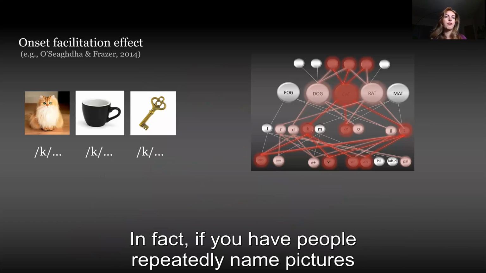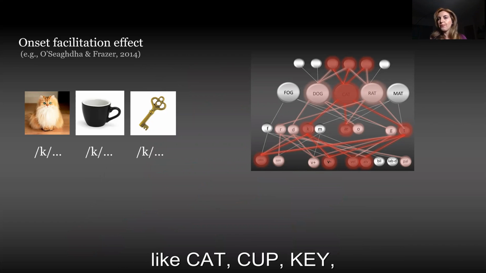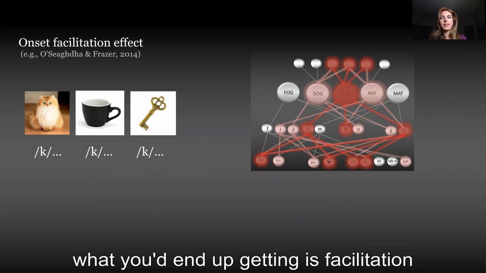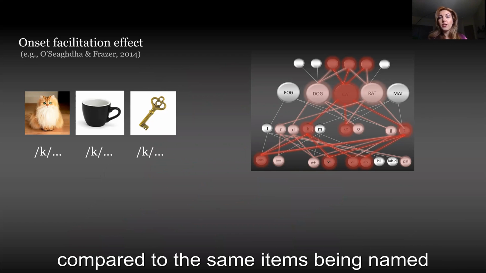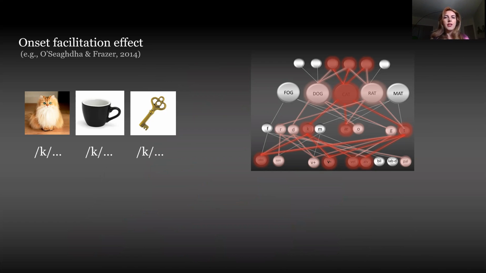In fact, if you have people repeatedly name pictures of items that share an onset like cat, cup, key, what you end up getting is facilitation compared to the same items being named in the context of segmentally non-overlapping items.